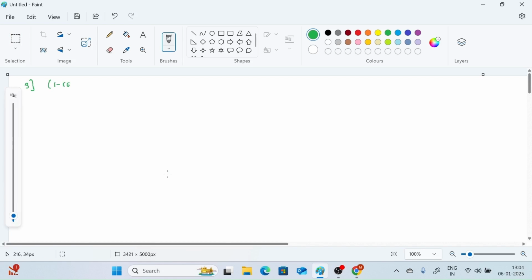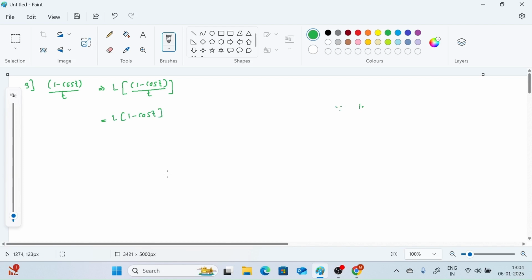1 minus cos t upon t. We have to find Laplace of (1 minus cos t) upon t. First, we are going to find the Laplace for 1 minus cos of t.